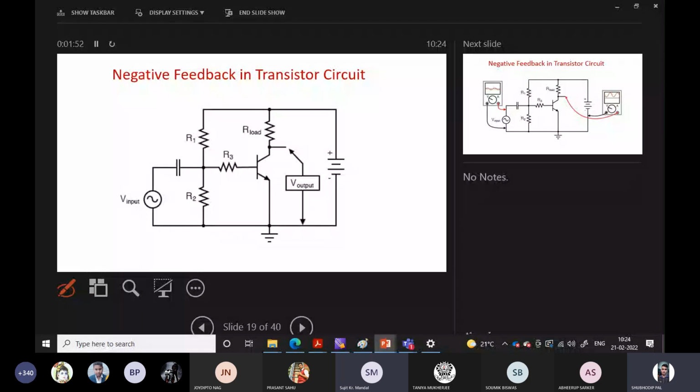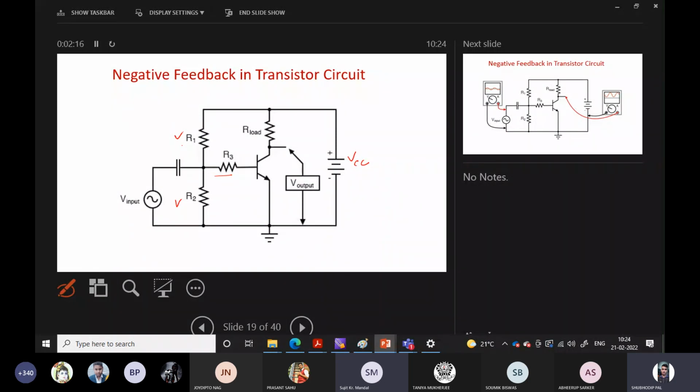What is this circuit in the diagram? Sir, voltage divider bias. Yes, voltage divider bias. This R1 and R2 divide the VCC that is applied, and R3 is used to increase the stability.